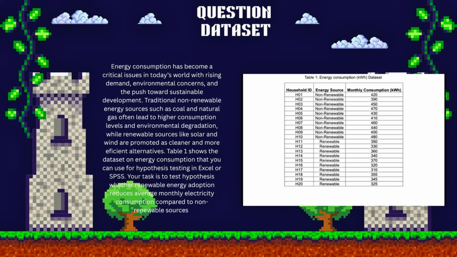Table 1 shows the dataset on energy consumption that you can use for hypothesis testing in Excel or SPSS. Your task is to test the hypothesis whether renewable energy adoption reduces average monthly electricity consumption compared to non-renewable sources.